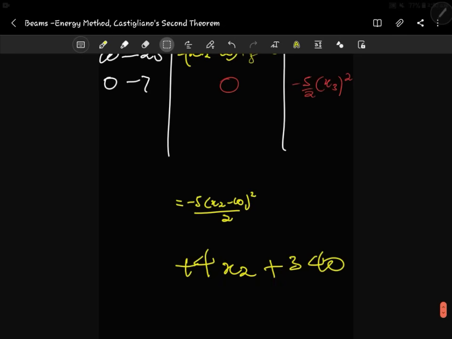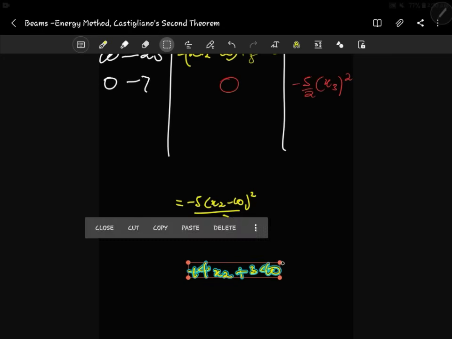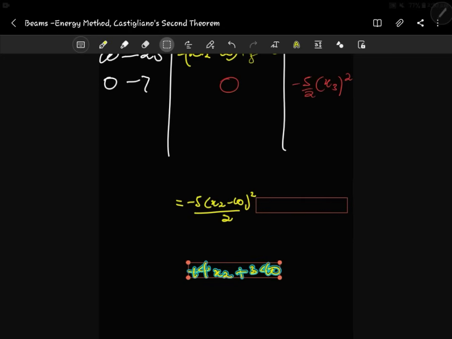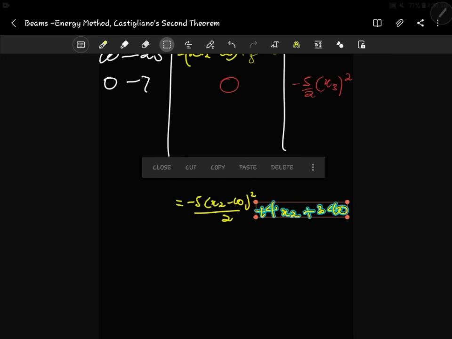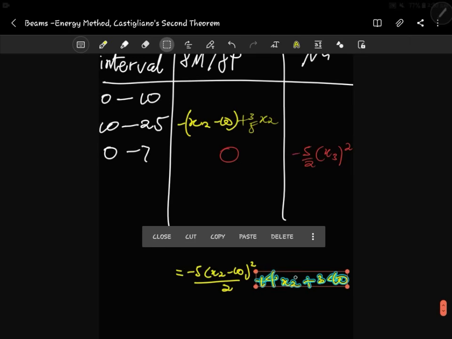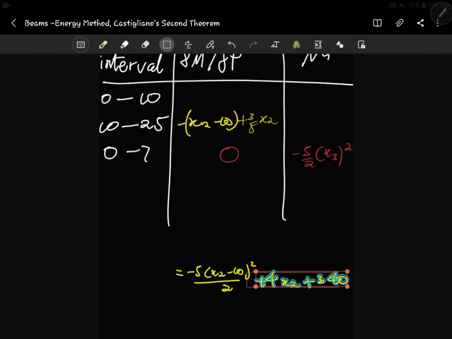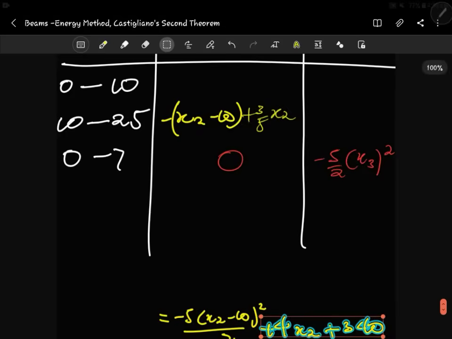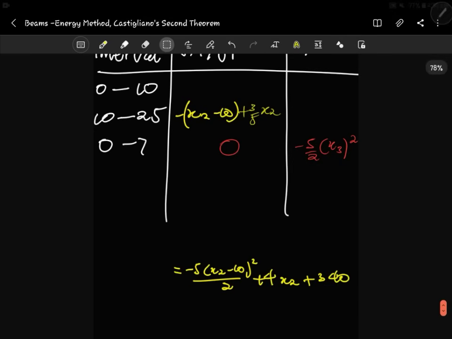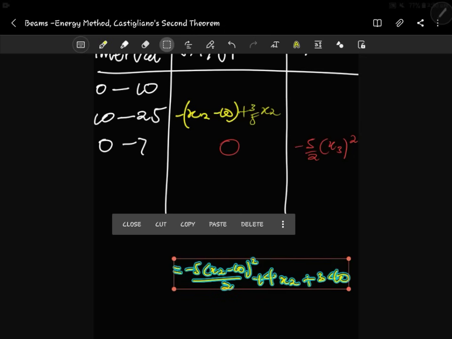Okay, and then this. Let's put everything down to see clearly what's happening. Our table looks smaller though, but I'll use it that way.